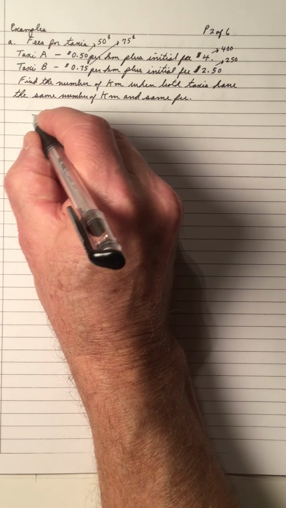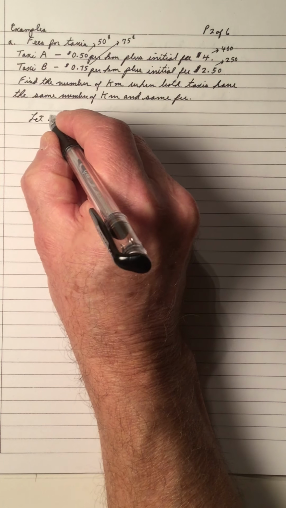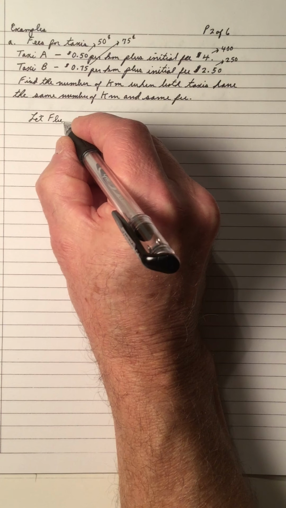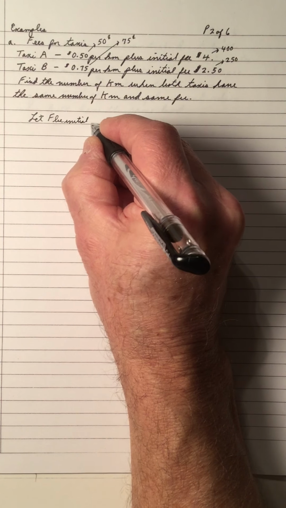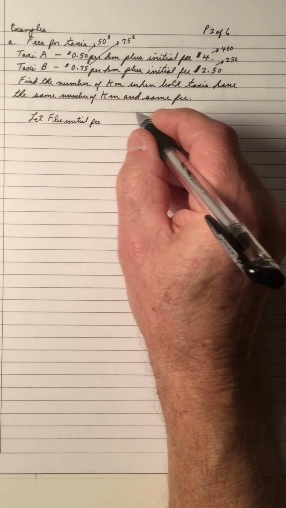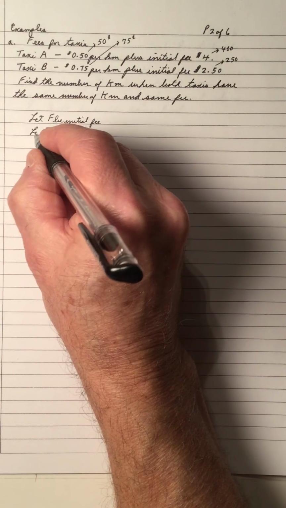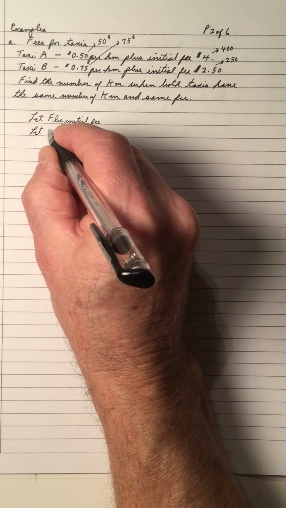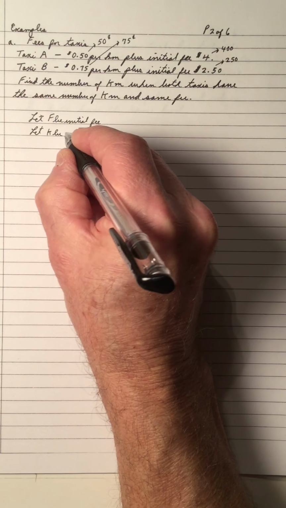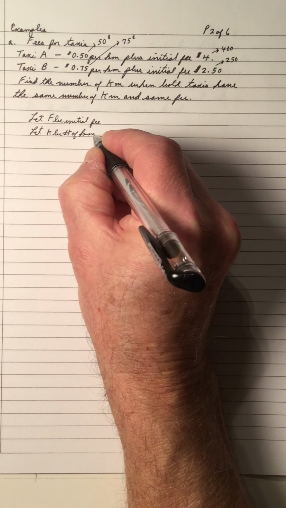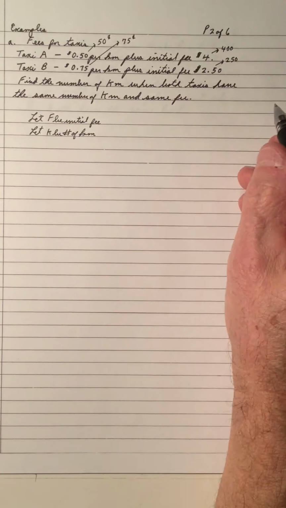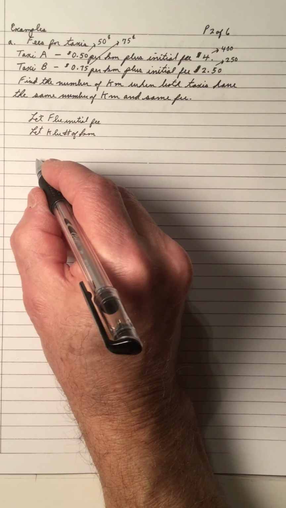So what we're going to do is let F be the initial fee, and we're going to let K be the number of kilometers. So what happens if you have an initial fee?